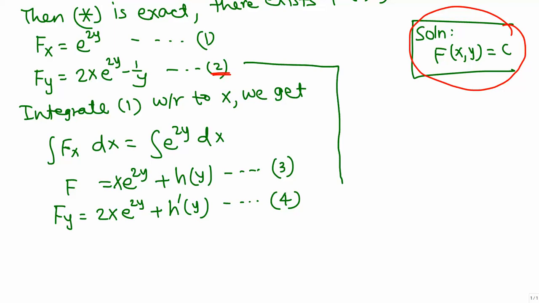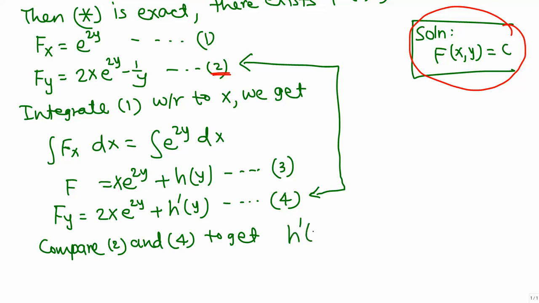Now we compare 2 and 4 to determine h. If we compare 2 and 4, the left-hand sides are the same, and 2x e^(2y), 2x e^(2y) are also equal, so h prime of y should be equal to negative 1 over y.